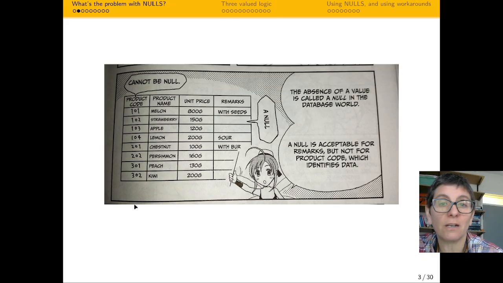That is, we can't let them be empty, but other aspects of a database might be null. So the database fairy says things like a product code shouldn't be empty, product name shouldn't be empty, unit price probably shouldn't be empty, remarks, you might have a remark about a product, you might not. The database fairy says these kinds of things you might be able to null. Is she right? Well, let's find out.